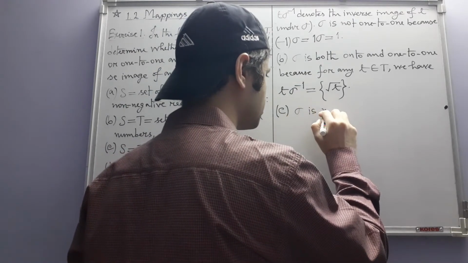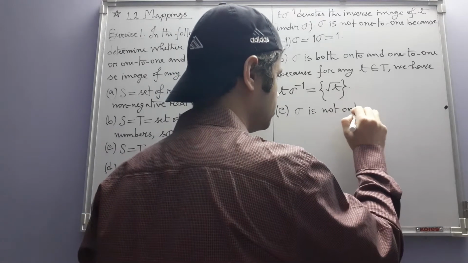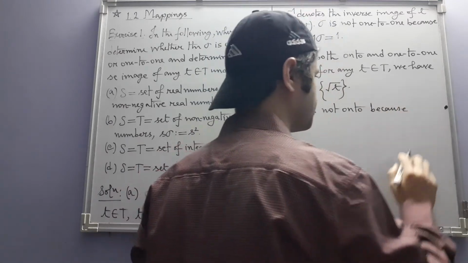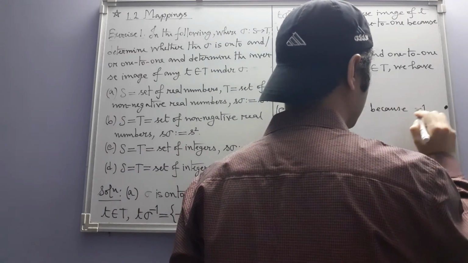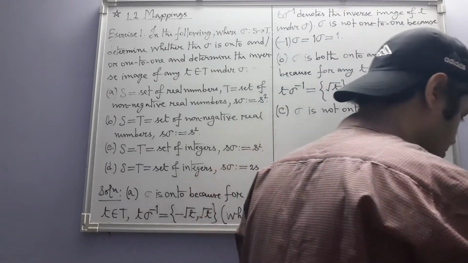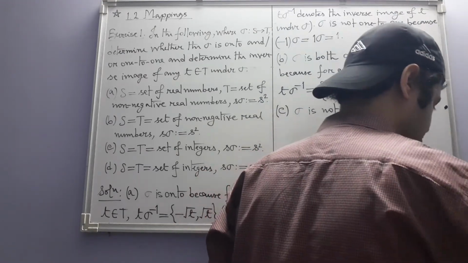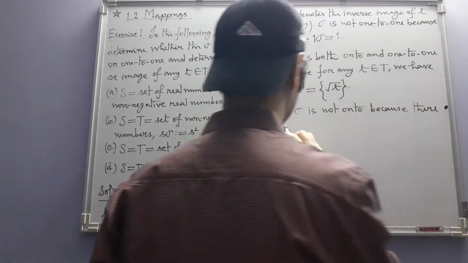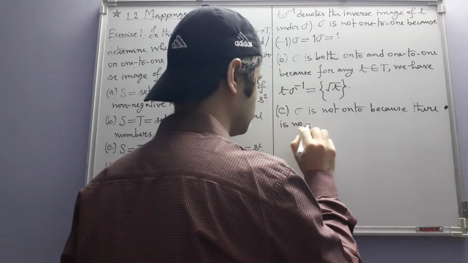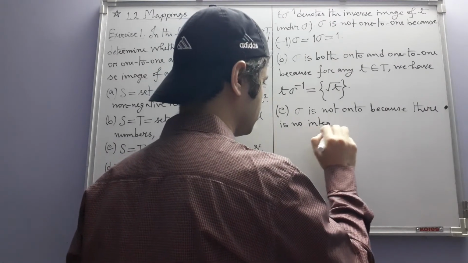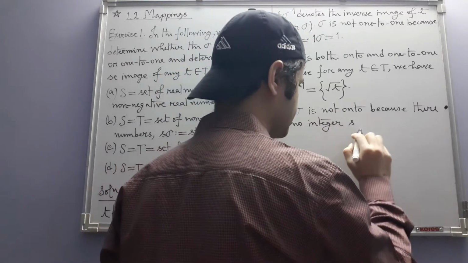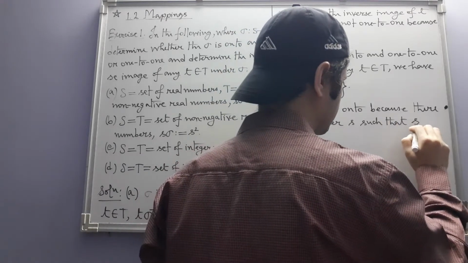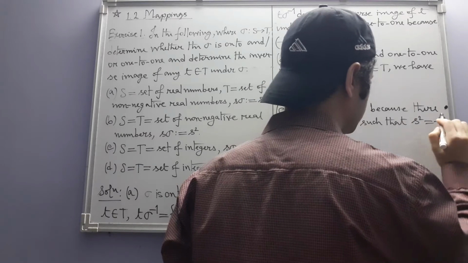Sigma is not onto because, say, or let us write it more simply, because there is no integer s such that s square is equal to -1.